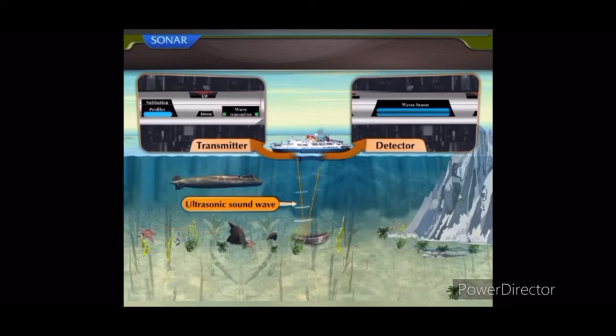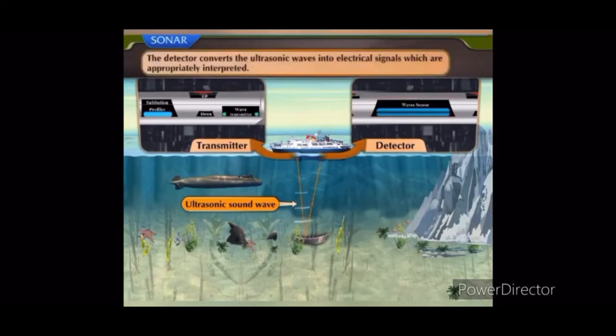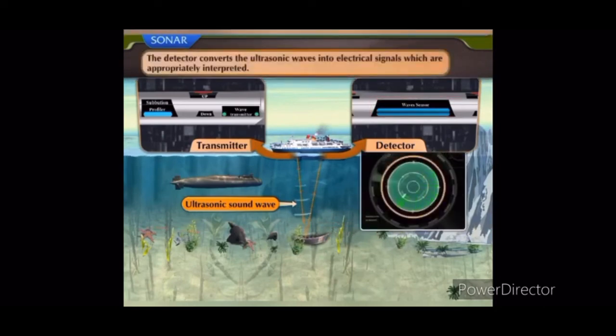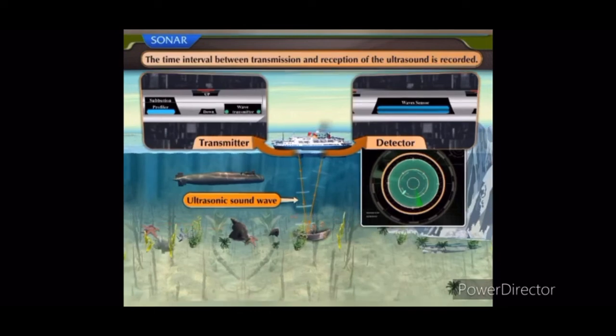They get reflected back after striking the object on the seabed. The reflected waves are sensed by the detector. The detector converts the ultrasonic waves into electrical signals which are appropriately interpreted. The time interval between transmission and reception of the ultrasound is recorded.